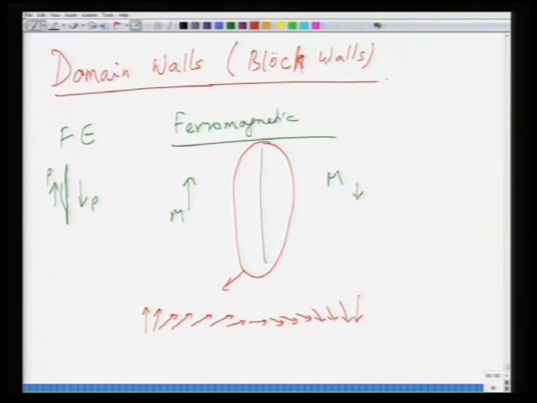This is how it varies, and this is the domain wall width, which happens to be of the order of 10 to 100 nanometers, much bigger than the domain wall size in ferroelectric materials.